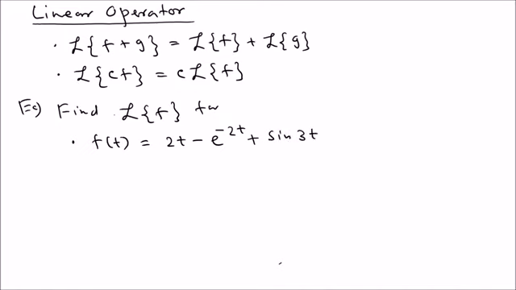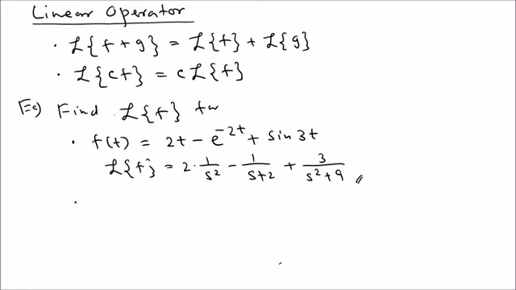So the Laplace transform of f is 2 times the Laplace transform of t, which is 1 over s squared, minus, this is the exponential function here, a equals 2, so that means 1 over s plus 2. And this is sine; we know from the table it is omega over s squared plus omega squared, so it's 3 over s squared plus 9. So that's the answer. You cannot do much with this, so we leave it like that.